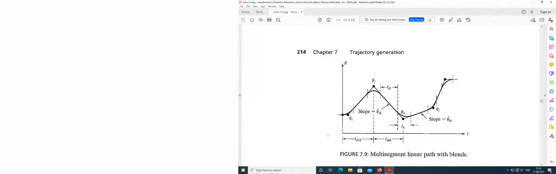Along with via points, how are we going to construct a linear path with parabolic blending? While constructing, first we will make a line like this, and then we will choose some points over here.